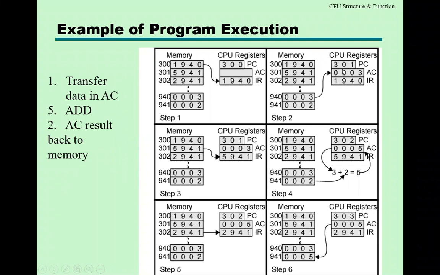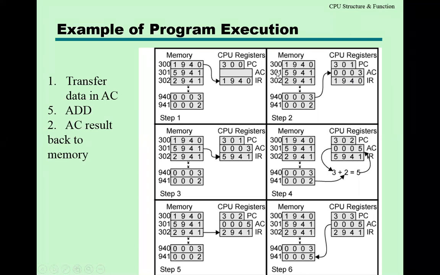So as soon as the instruction at 300 is executed, the PC is incremented by 1, as we have discussed earlier. This instruction is executed and this data is loaded into the accumulator. Now the address is 301.